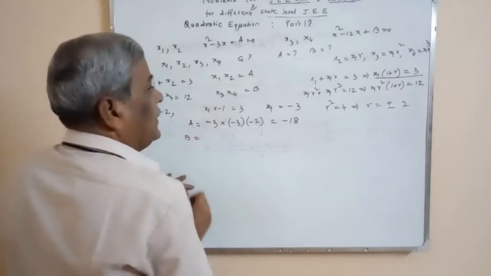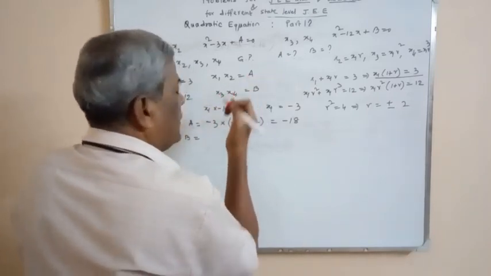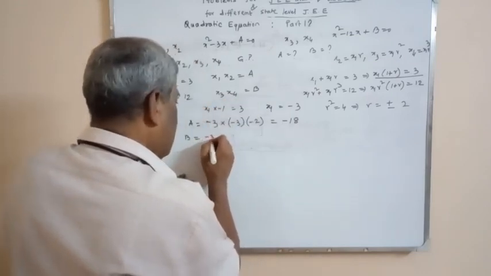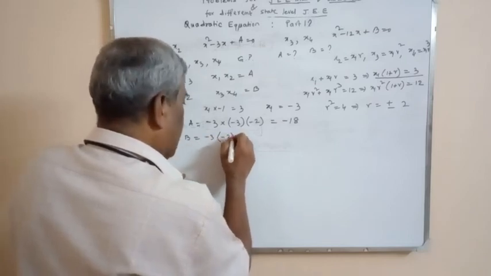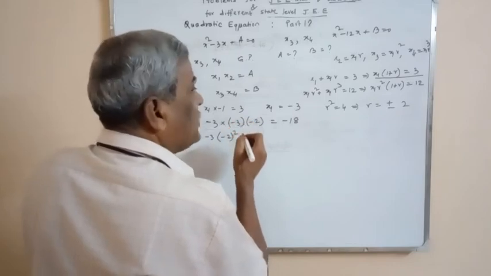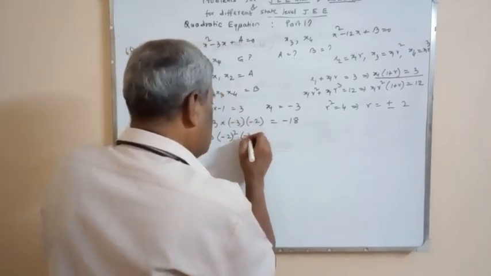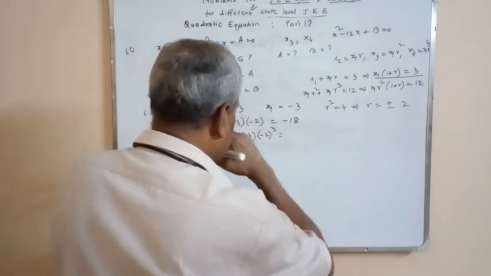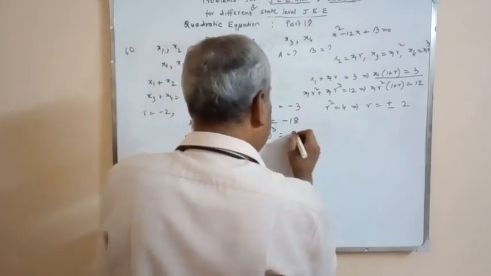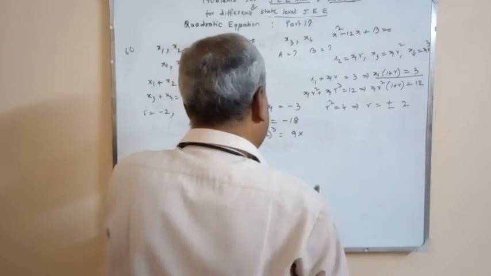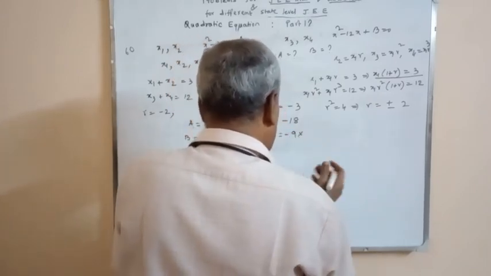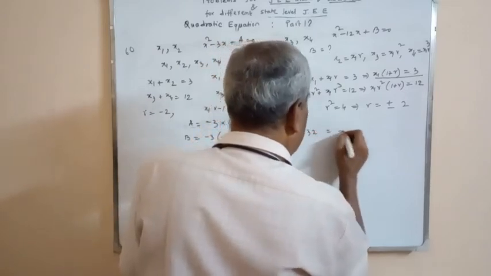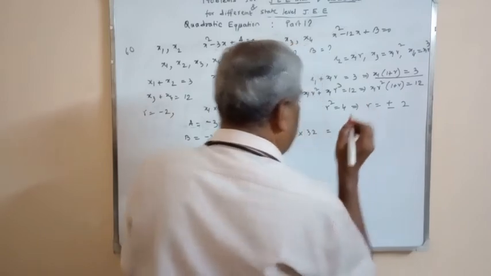B is equal to x3 into x4. x3 is x1 r square, minus 3 into minus 2 whole square, into x4. x4 is x1 into minus 2 whole cube, that is 9 into minus 2 to the power 5, that is 2, 4, 8, 16, 32, minus 288.